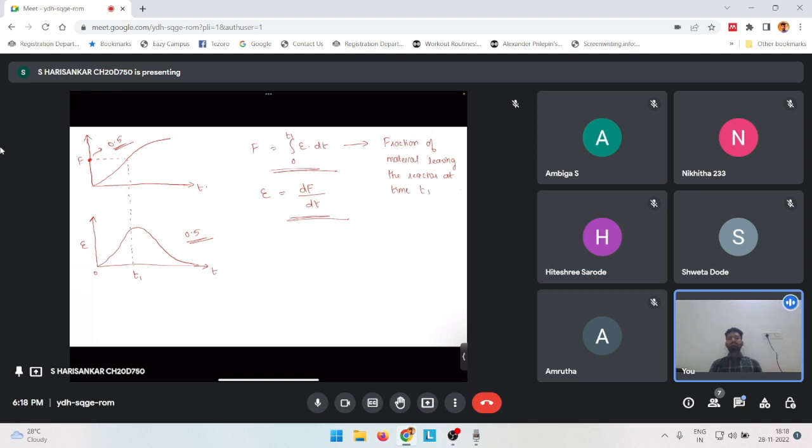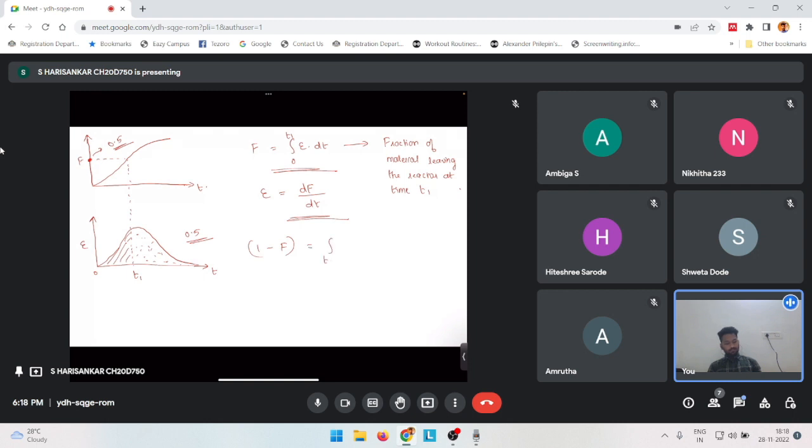Now, if F is the fraction of the material that is leaving the reactor at time t1, then what will be the fraction that is still inside the reactor? If this much fraction has left the reactor, that means this fraction is still inside the reactor, and that can be represented as 1 minus F. And 1 minus F will basically be what?